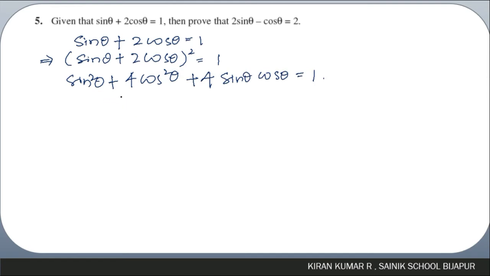Here, if I consider 1 minus cos square theta in the place of sin square theta, I get 1 minus cos square theta plus, in this if I write 1 minus sin square theta, I'll be getting 4 minus 4 times sin square theta plus 4 sin theta cos theta equal to 1.